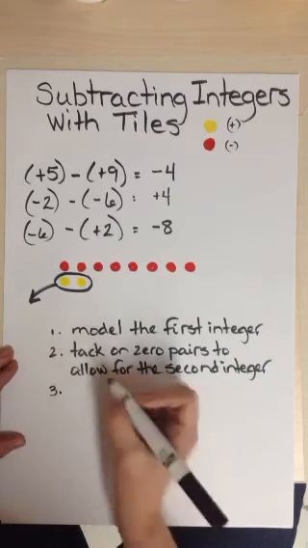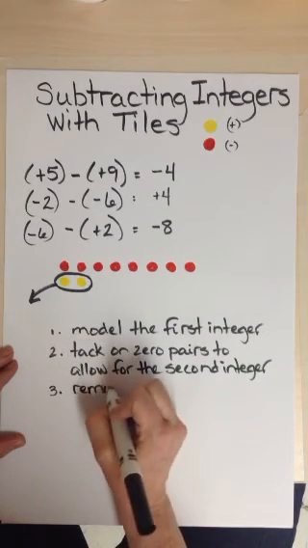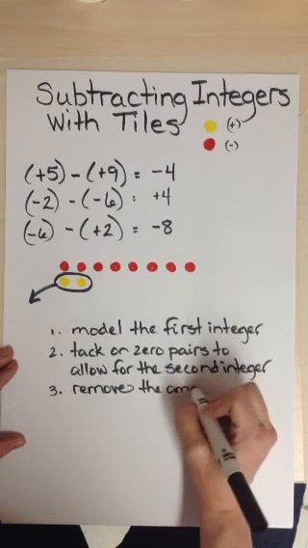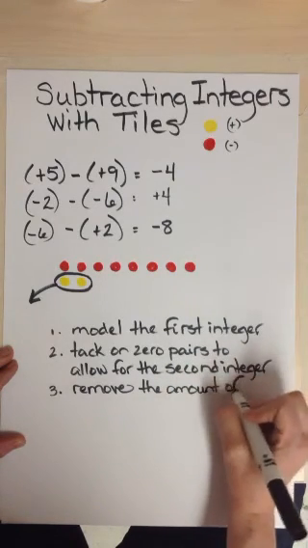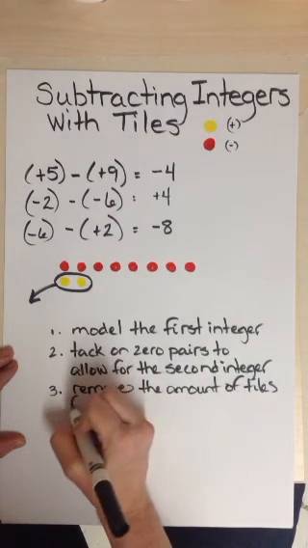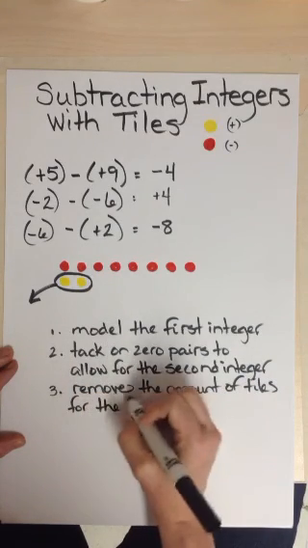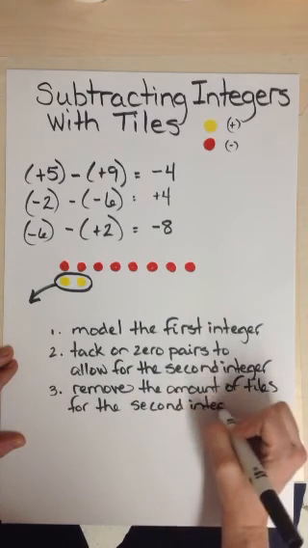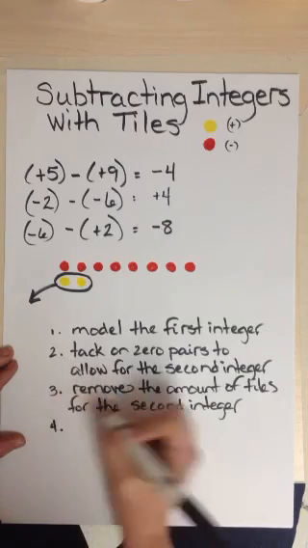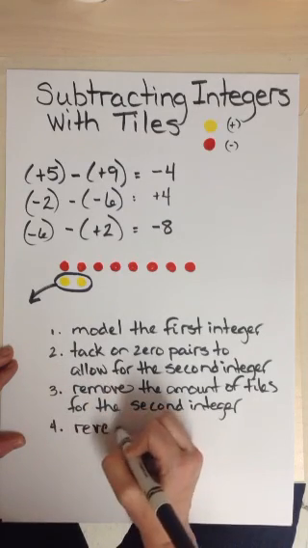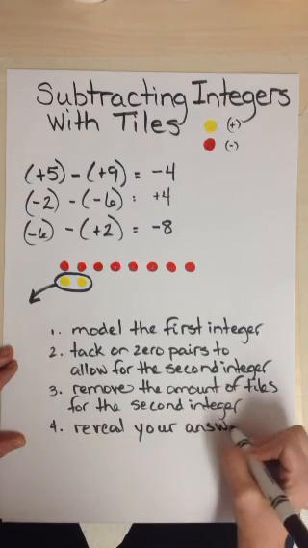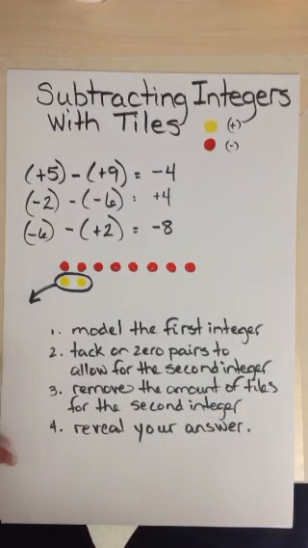Then third, you remove the amount of tiles for the second integer. And finally, that will reveal your answer. And there you go. We'll be practicing this in class next time.